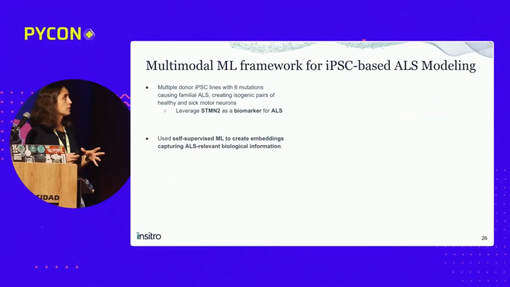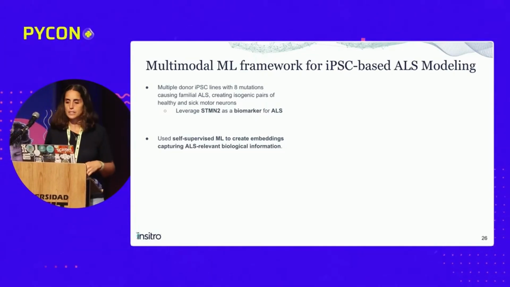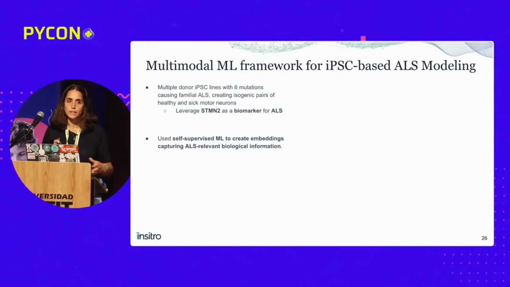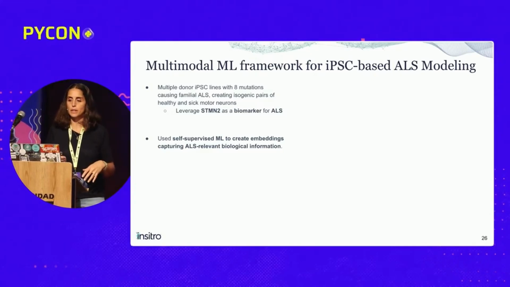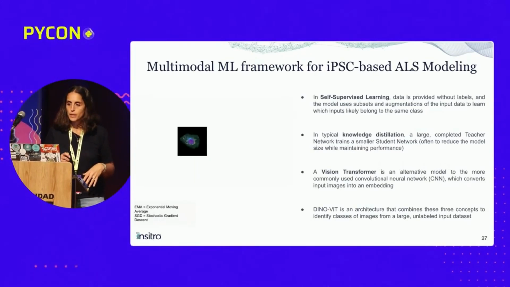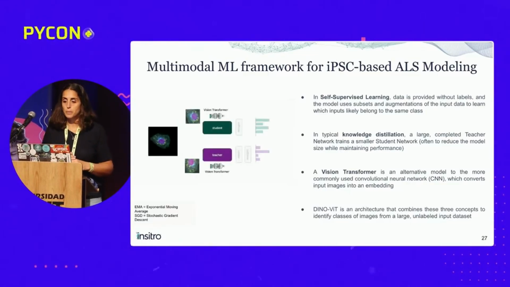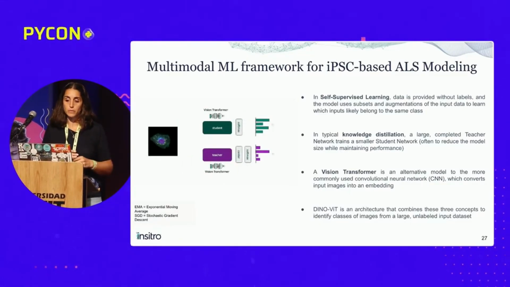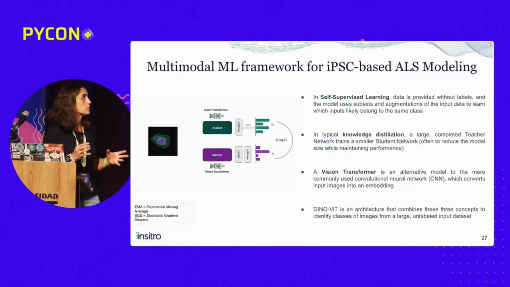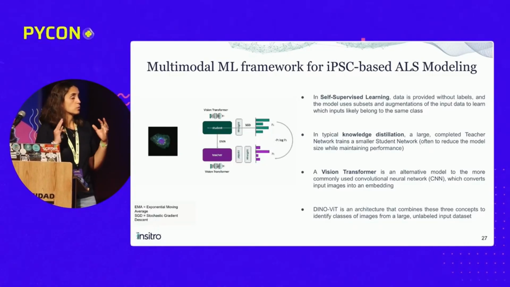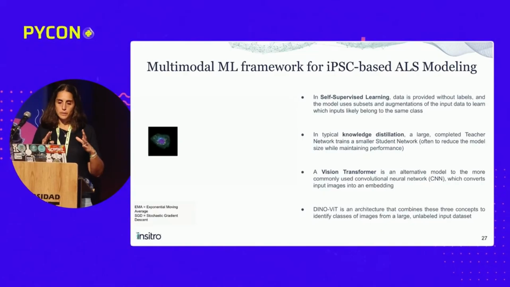After that, we leverage self-supervised machine learning models that create embeddings to capture relevant biological information. Without going into too much detail, for those in the audience who might not be familiar with self-supervised learning, it's an ML training paradigm where we provide data without labels.